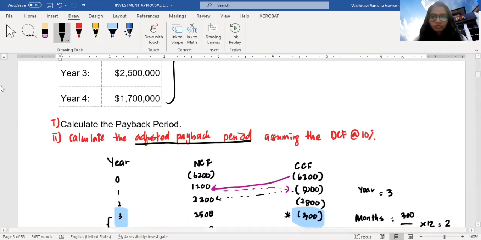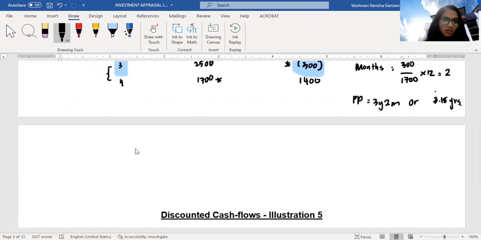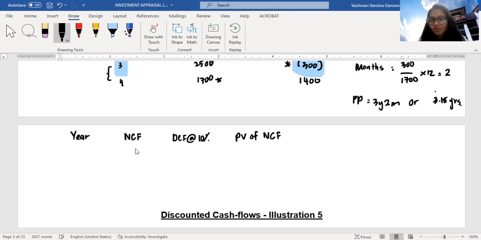Okay, now, so I'm going to do it here. Year, net cash flow, discount factor. In this question, your discount factor is 10%. PV of NCF, cumulative cash flow. So remember, always start from year 0, 1, 2, 3, 4.